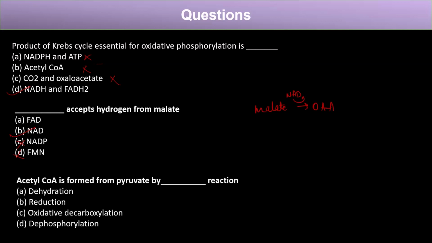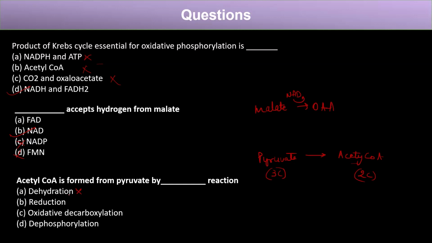Okay. Now the last question is: acetyl CoA is formed from pyruvate by what reaction? We had pyruvate, then we have acetyl CoA, and a series of reactions takes place here. It is 3 carbon and it leads to the formation of a 2 carbon molecule. First of all it was decarboxylation. Second, pyruvate underwent oxidation to form acetyl. Dehydration, no. There is no release of water.